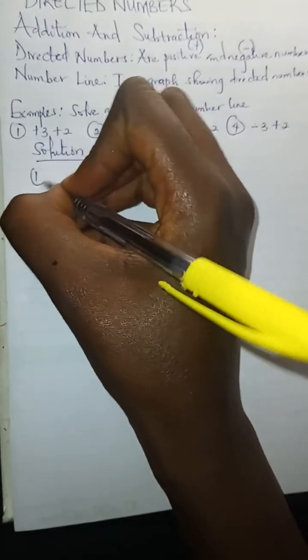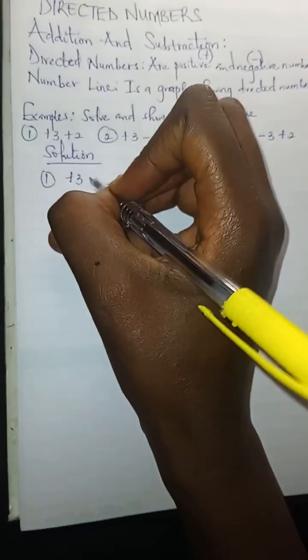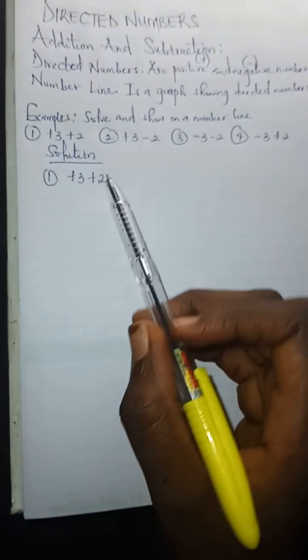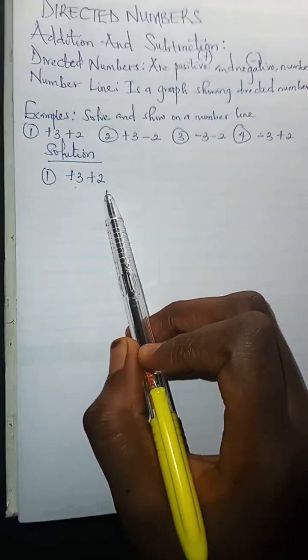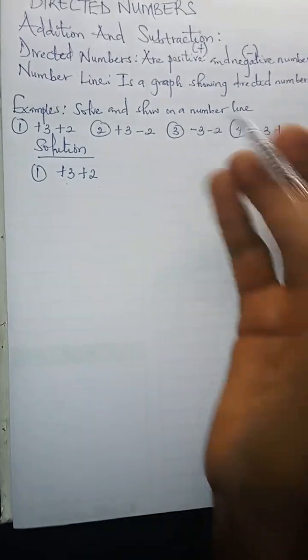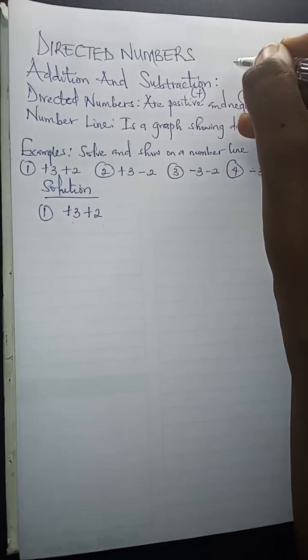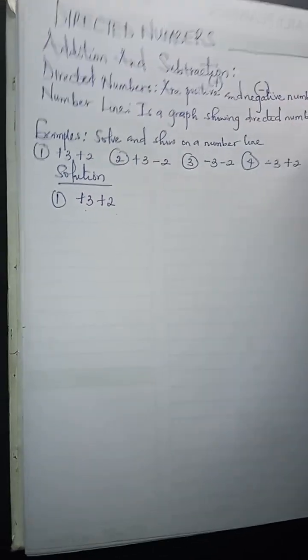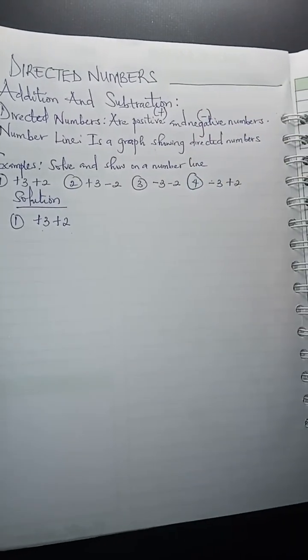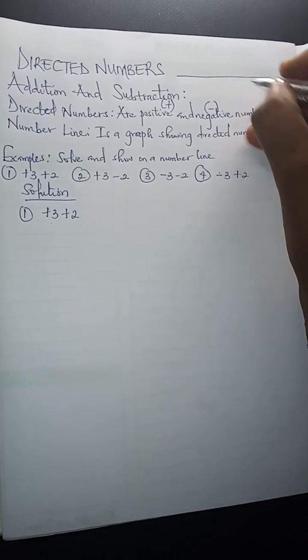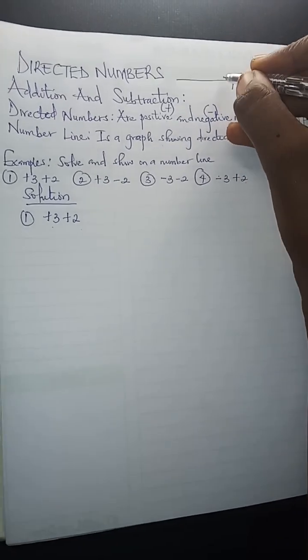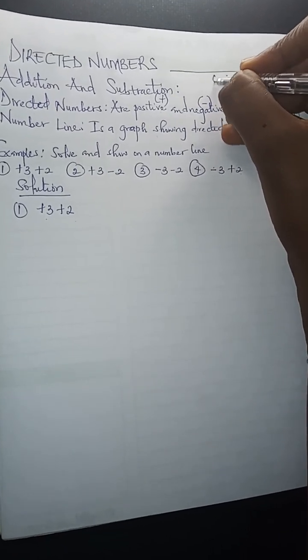So the first example says we should solve plus 3 plus 2. This is positive 3 and positive 2, right? So we have to show this on a number line. This is what we mean by a number line. A number line is a graph showing both positive and negative numbers. The positive numbers are on the right hand side. In the middle here we have the 0.